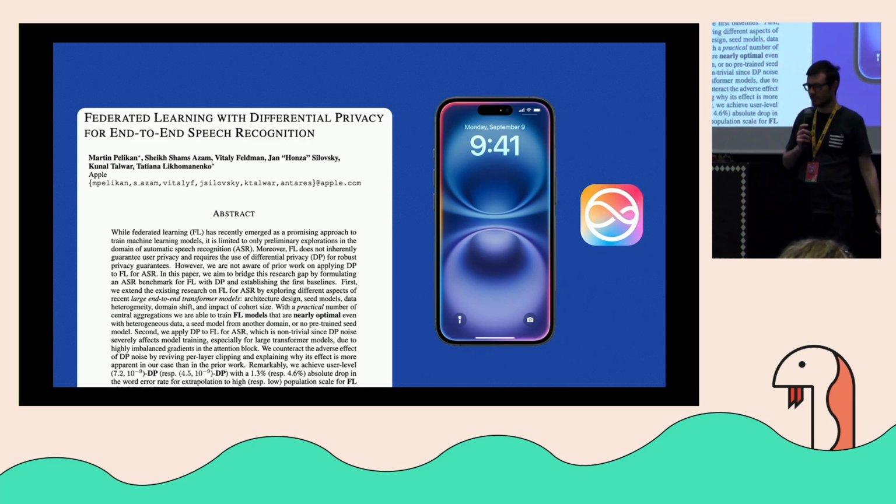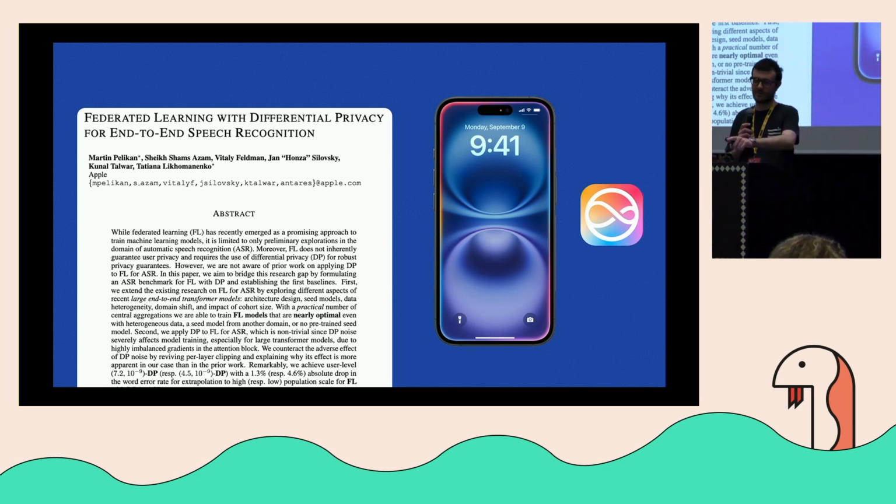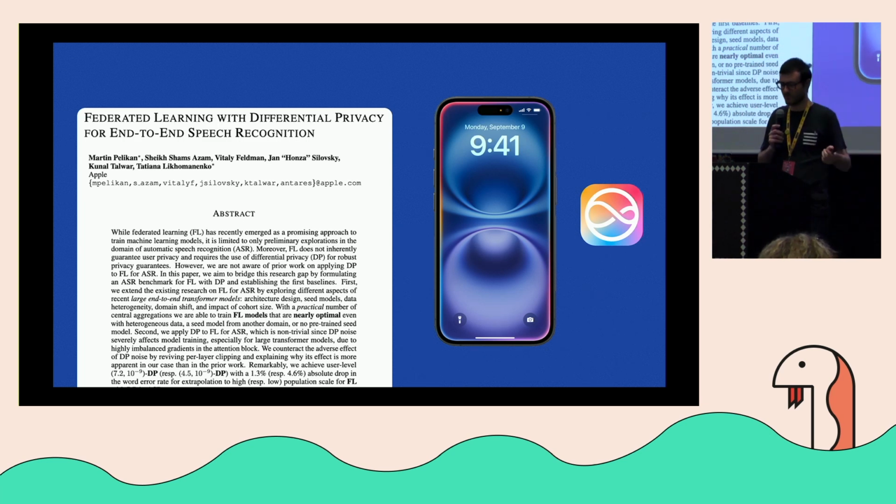They just train the model on device, and then they share just the model using federated learning. And even in this case, you can see they use differential privacy to guarantee some privacy to the users. If you want to know more about differential privacy, there are a lot of blog posts online, and I also did a talk last year at PyCon.